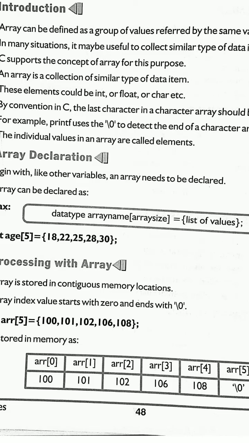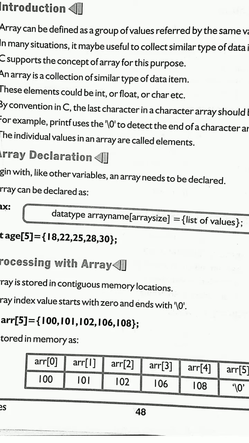The array name can be any name that satisfies the rules for creating an identifier or a variable name. Next is array size. Array size is given inside the square brackets. This denotes the number of values.